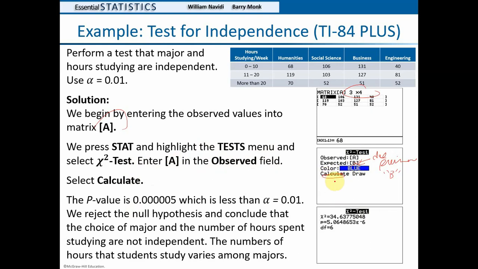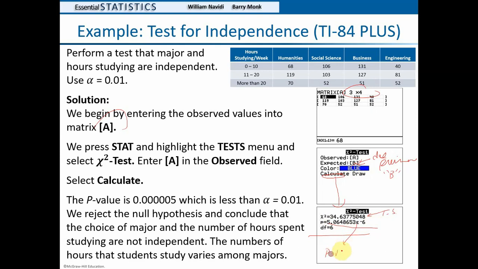So once you do your calculate, here's the output. And this is what you need to know if you were given this on a test. There's the chi-squared, that's the test statistic from what you entered into A. The probability 5.0 e to the negative 6, what does that mean?